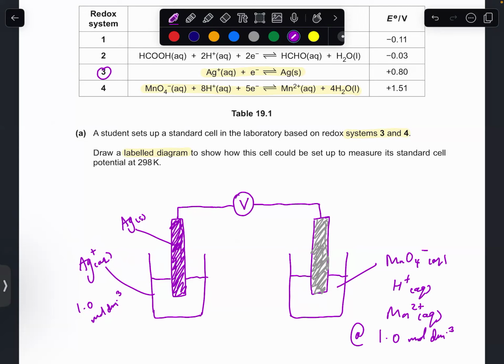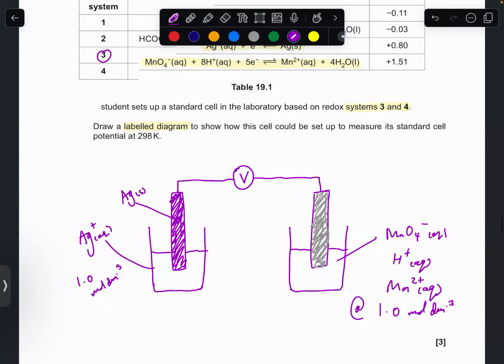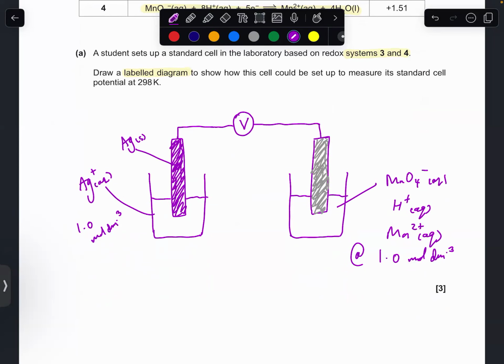Okay, and this circuit is incomplete. What's going to complete it is the salt bridge that's in the middle. I don't know if you remember doing this practical. Until you put the salt bridge, you will not get a reading on that voltmeter. So you've got your salt bridge here.